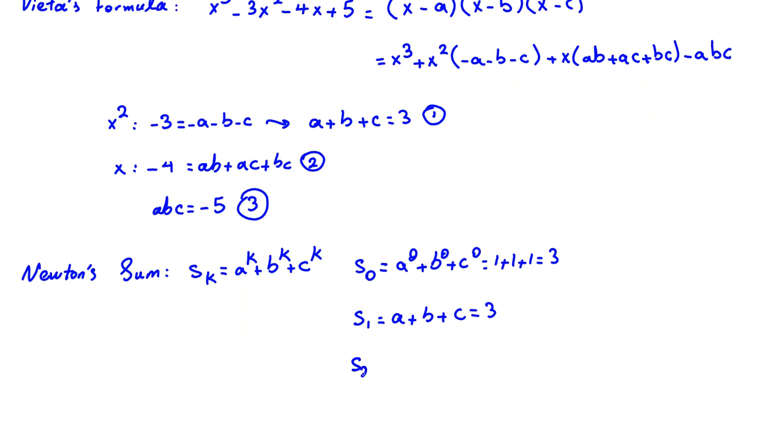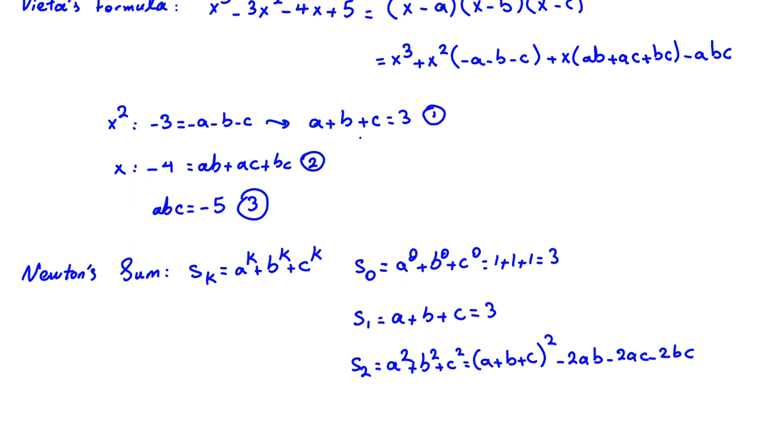S2 is a squared plus b squared plus c squared. I can say it is equal to (a plus b plus c) squared minus something. Now look at this famous identity, you should know this: (a plus b plus c) squared is a squared plus b squared plus c squared plus 2ab plus 2ac plus 2bc. So if I subtract 2ab, 2ac, 2bc, then both sides are equal.